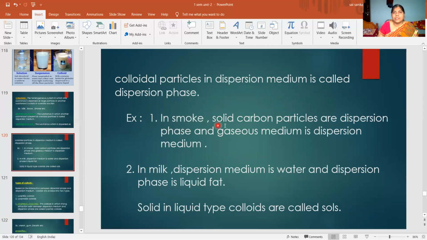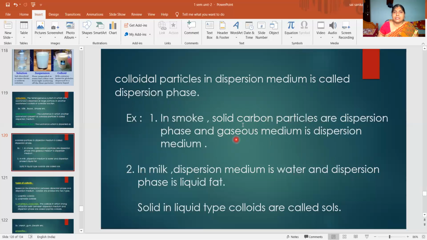In smoke, solid carbon particles are the dispersion phase and the gaseous medium is the dispersion medium. That means in gas, some solid particles are dispersing. So gas is the dispersion medium and solid particles are the dispersion phase.